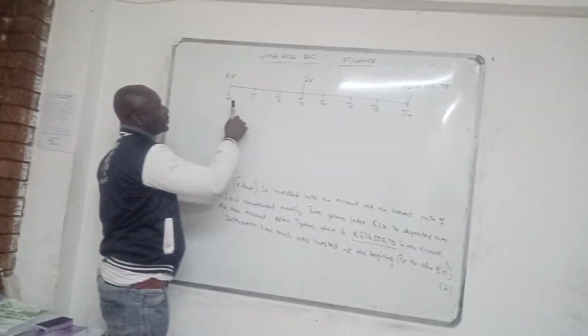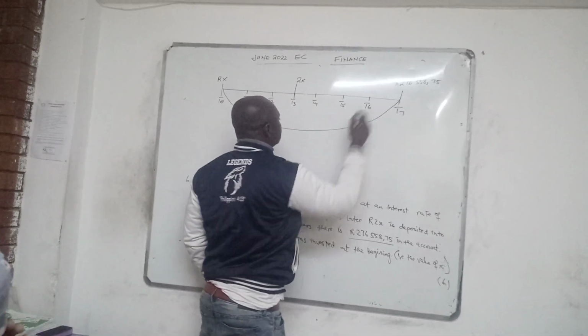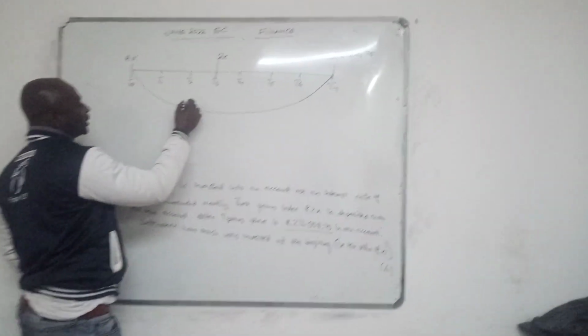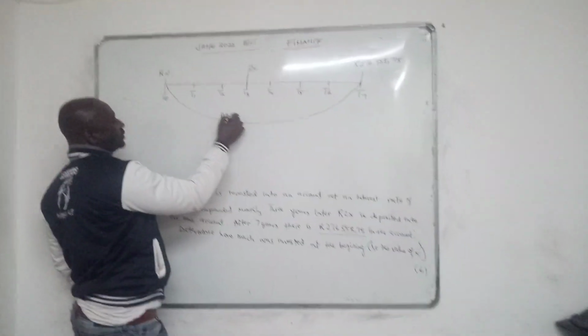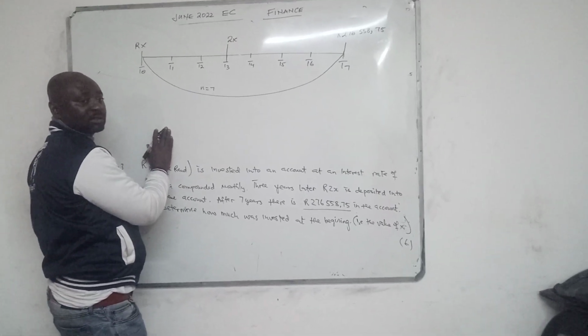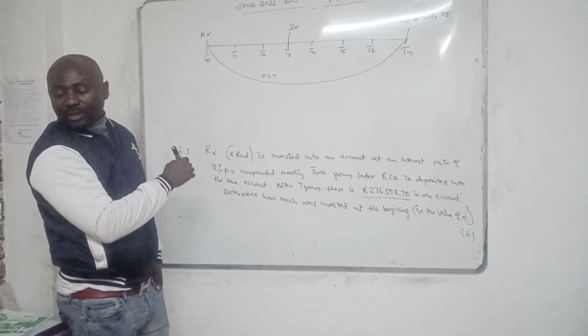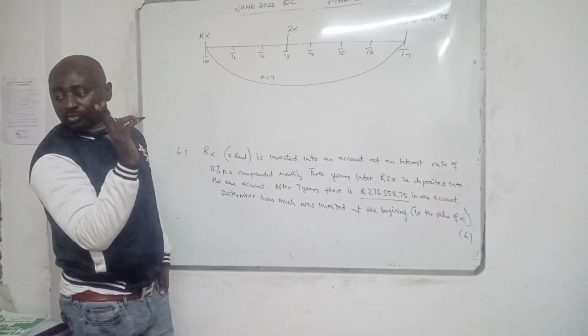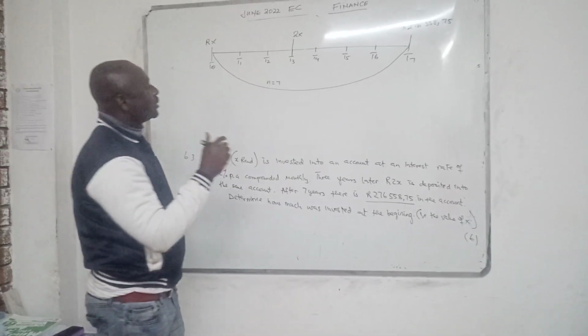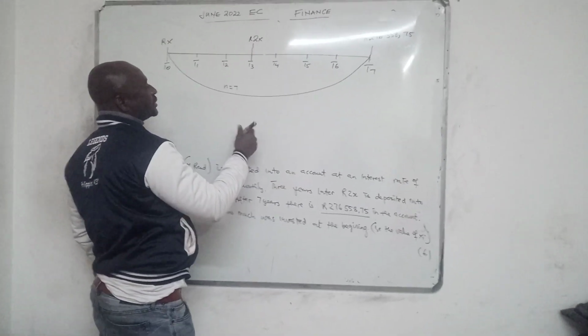So here your N will be 7 for this X rand. Because there were 2 investments, but in the same account. There were how many investments done here? 2 in 1.